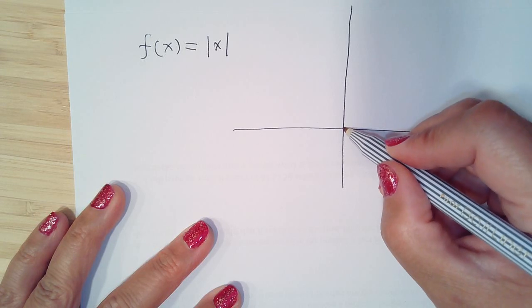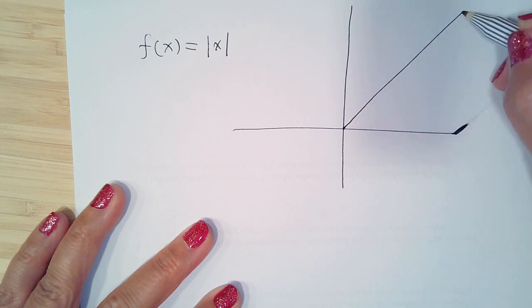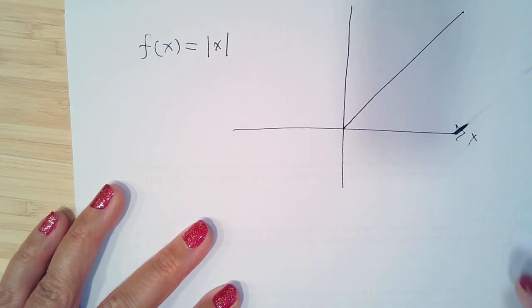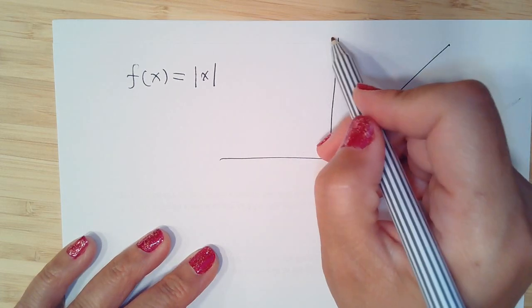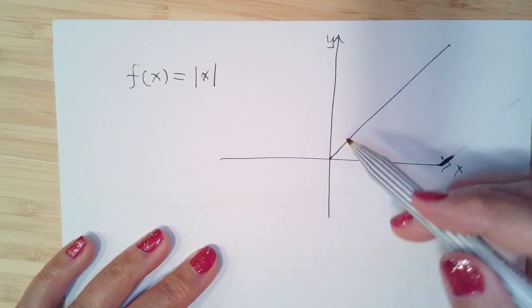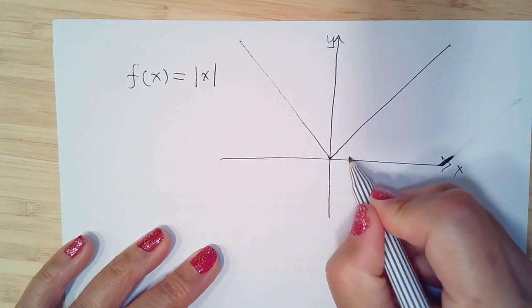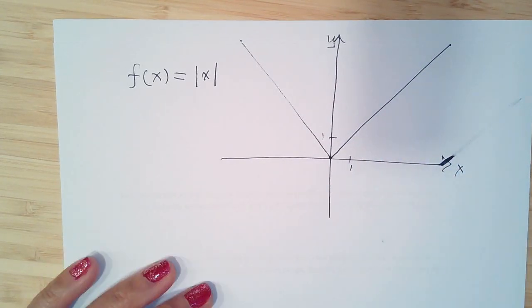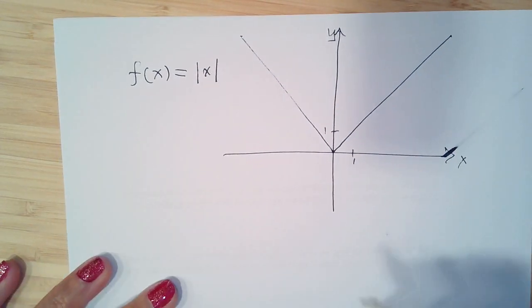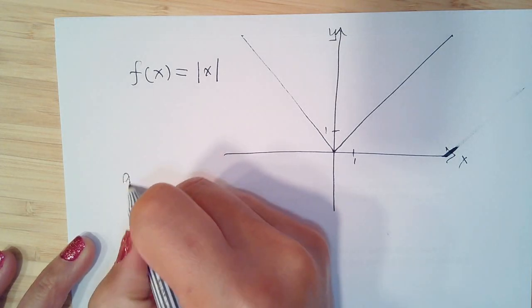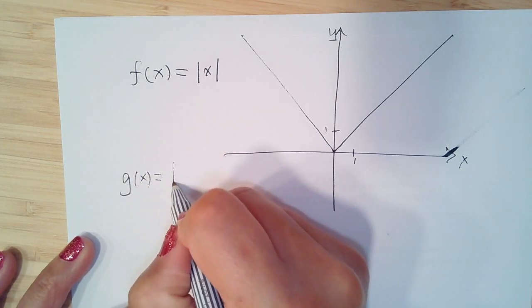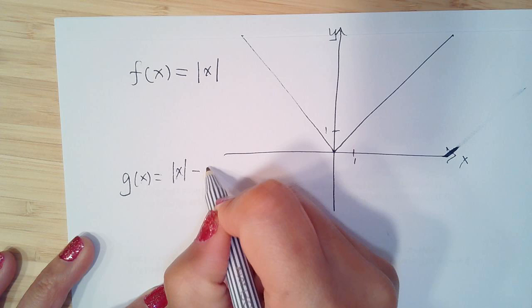When x is a positive number, it's the same as y, so it's a 45-degree line. And that's the graph, right? So what about this one? g of x equals absolute value of x minus 4.